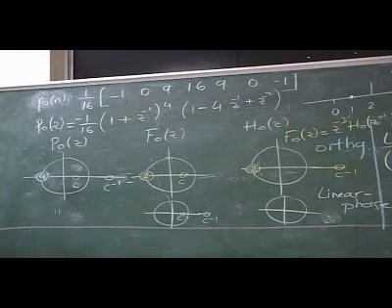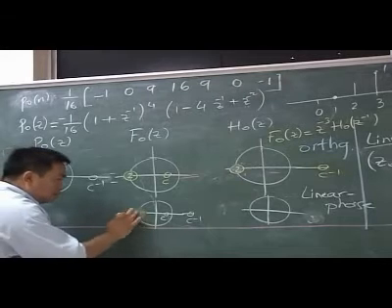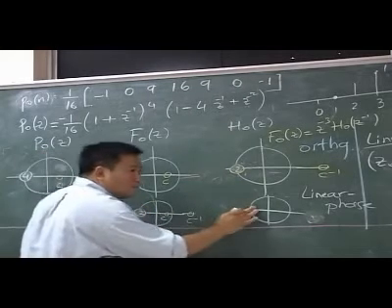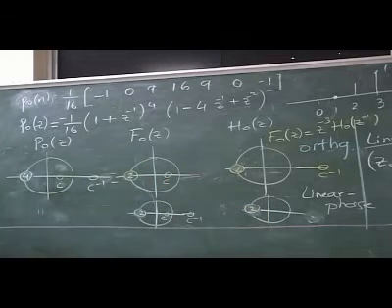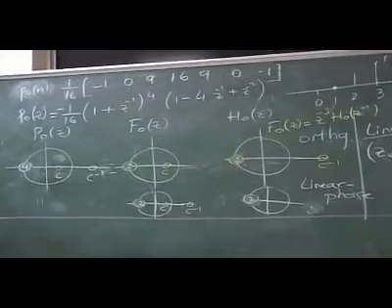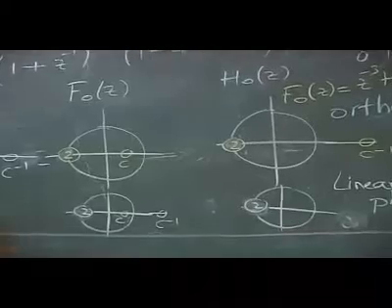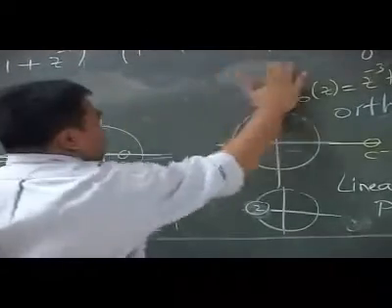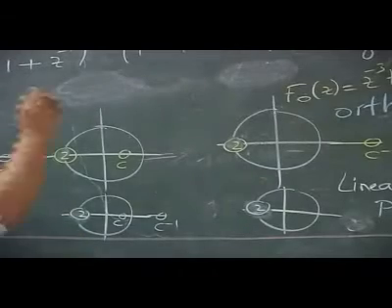How do I distribute the 4 zeros at minus 1? What are the choices? 2 zeros here. Okay. 2 zeros there. What are the other choices? Can I erase this? So red color is linear phase, okay?